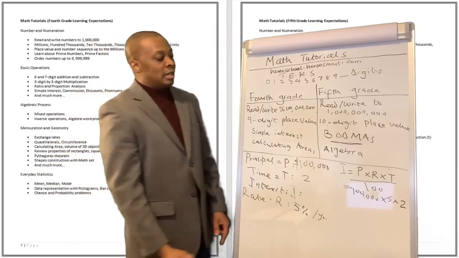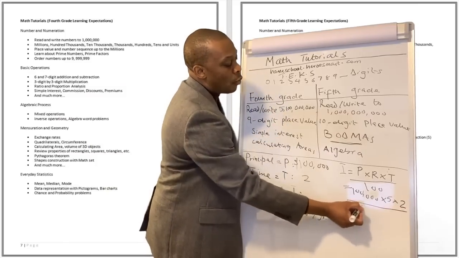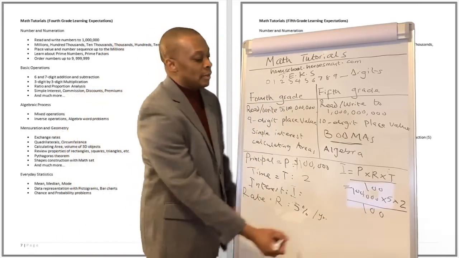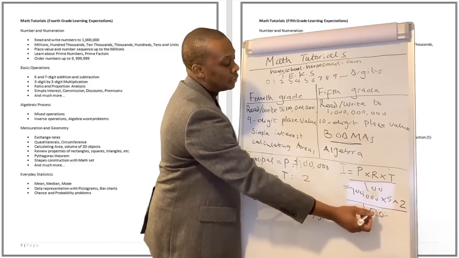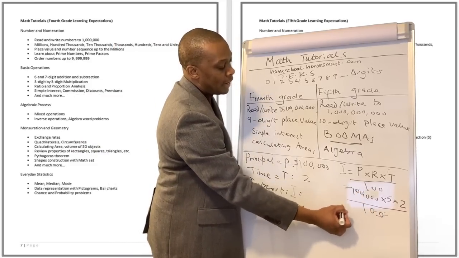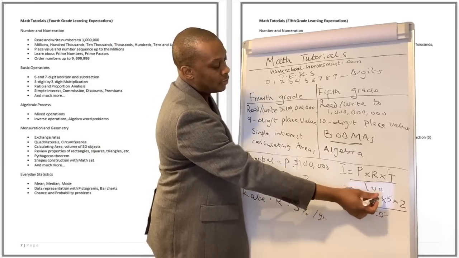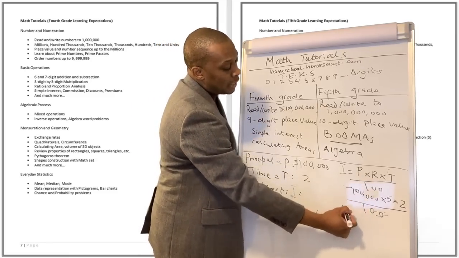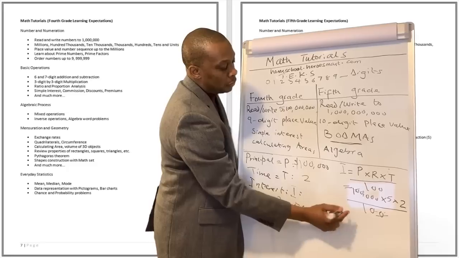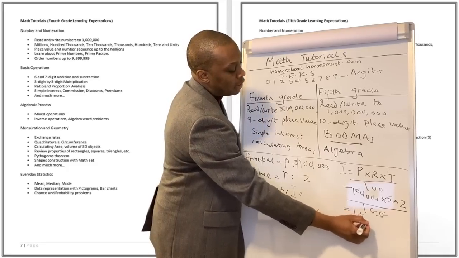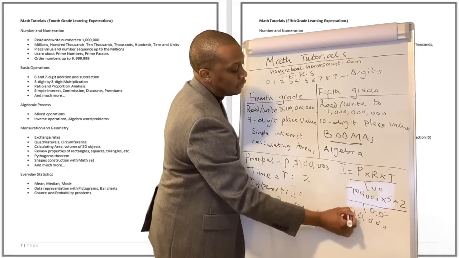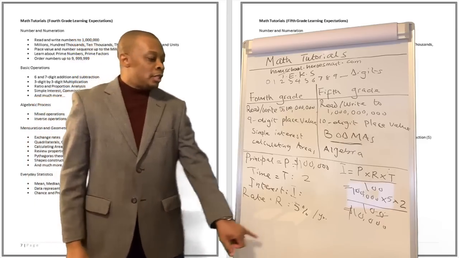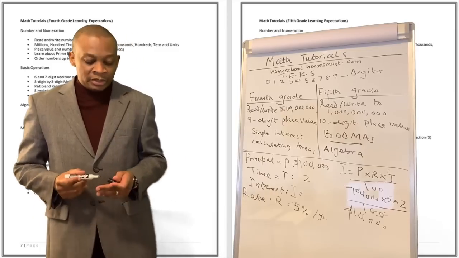Then I'm going to divide by 100. When I divide by 100, the zeros cancel. So I have 1,000 multiplied by 5, that's 5,000, multiplied by 2, that's going to be equivalent to $10,000. So that's a way you can teach your child the concept of simple interest.